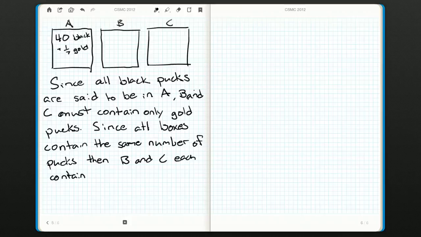Well, they have to split the remaining gold pucks evenly. So they split evenly.